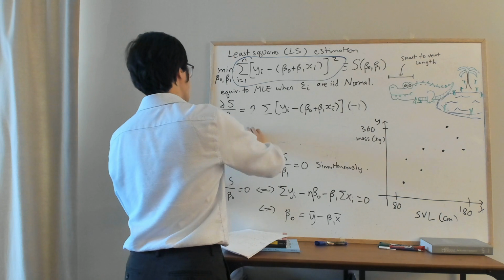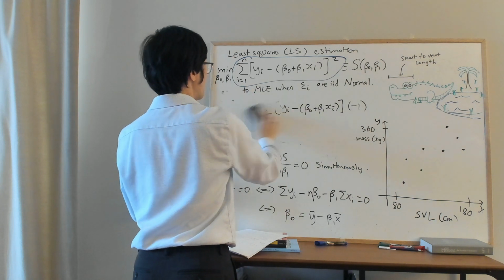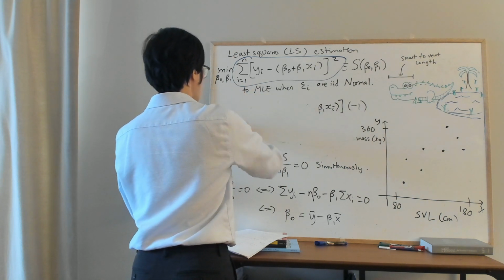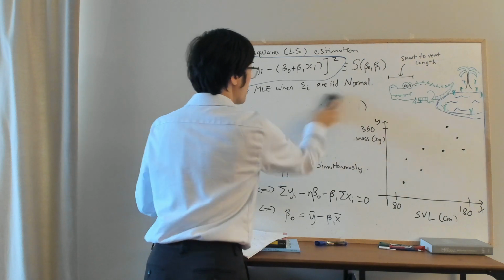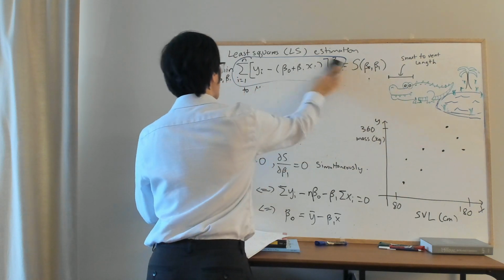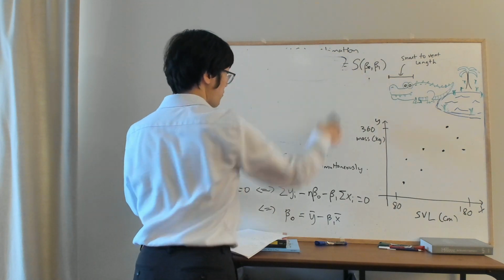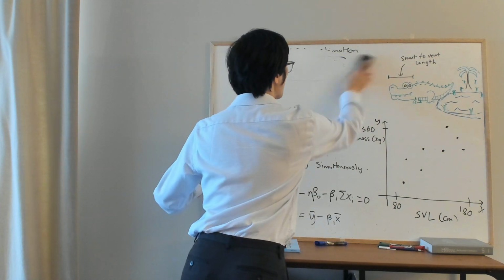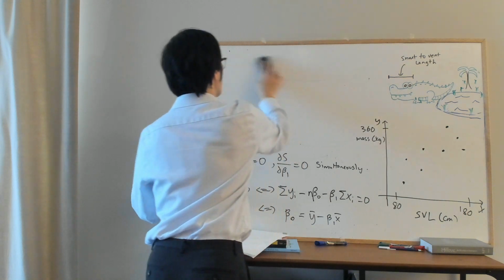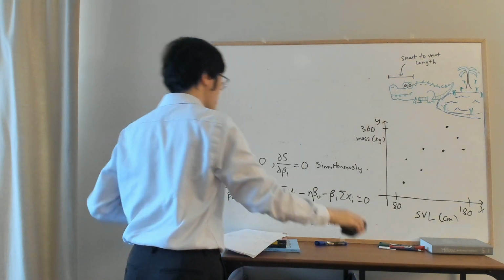Okay, so with that in mind, we can now work on the second equation. Since both of them are satisfied simultaneously, we can simply plug in what we found for beta 0 in terms of beta 1, and then solve the resulting equation.